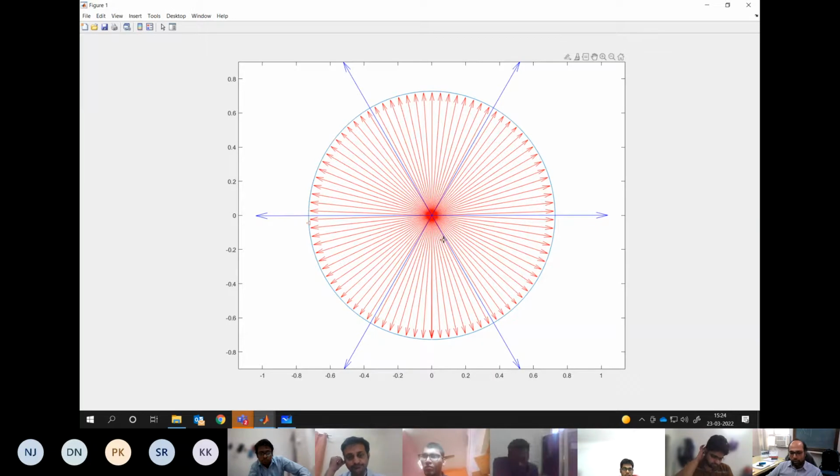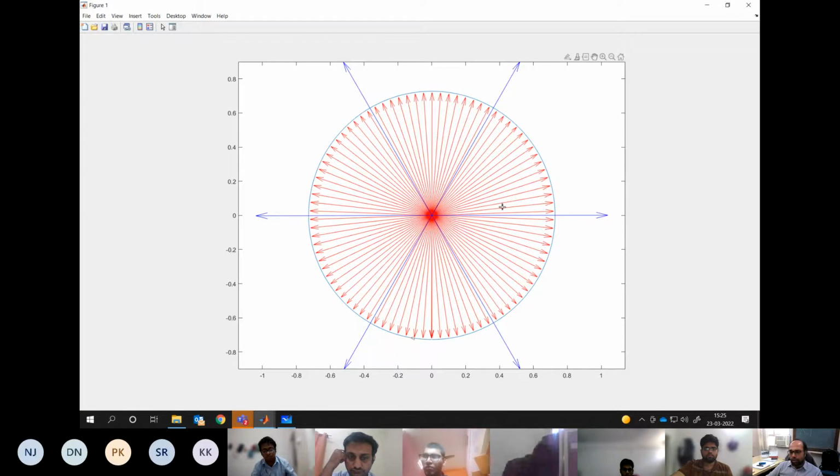These voltage vectors are realized by applying the blue vectors shown over here, in addition to the zero vector which is at the center. That's the whole crux of space vector PWM.